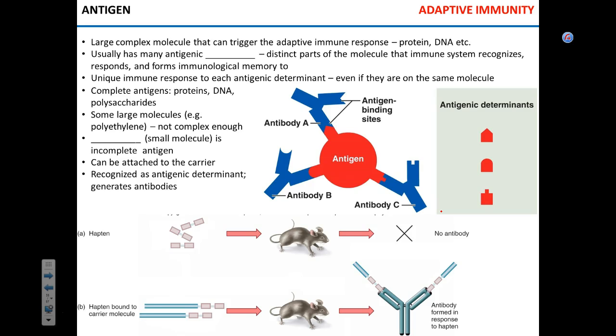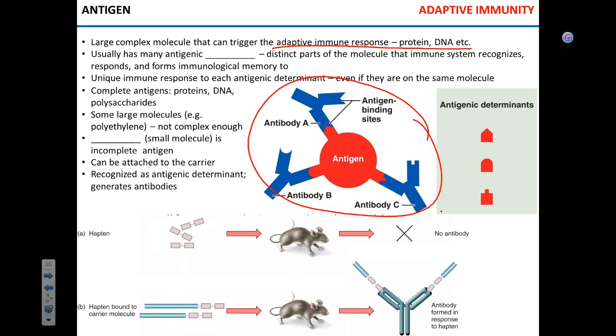And another key concept in adaptive immunity is the concept of antigen. Antigens are large, complex molecules that can initiate the adaptive responses. What can be large and complex molecules? Things like protein. Large? Sure. Complex? You betcha. DNA.